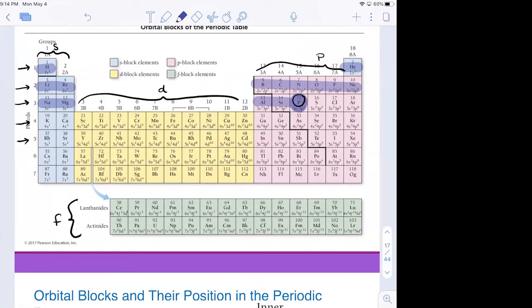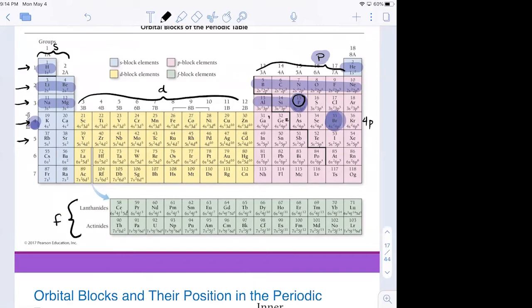So we can look at any position on the periodic table and really be able to identify where that last electron went. So for instance, bromine. Without even looking, I see he's in the p block. He's in row number 4. So I could predict that bromine has a final electron in the 4p orbital.